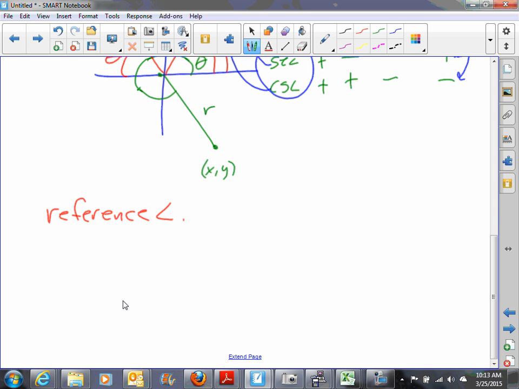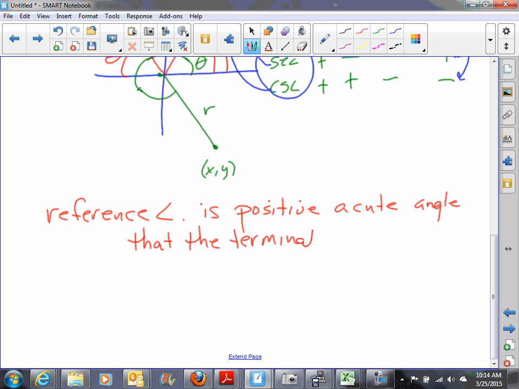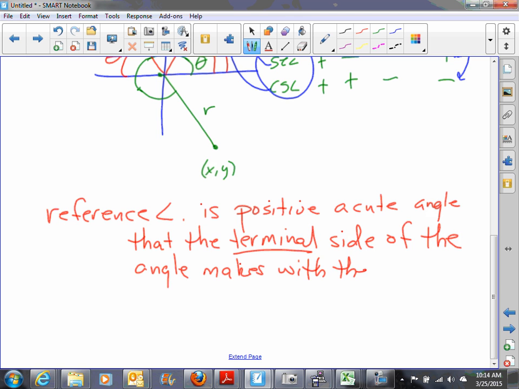A reference angle is, definition here, the positive acute angle that the terminal side of the angle makes with the x-axis.